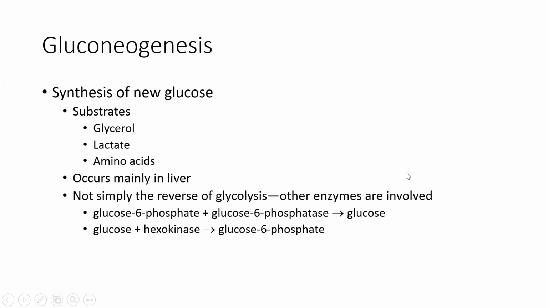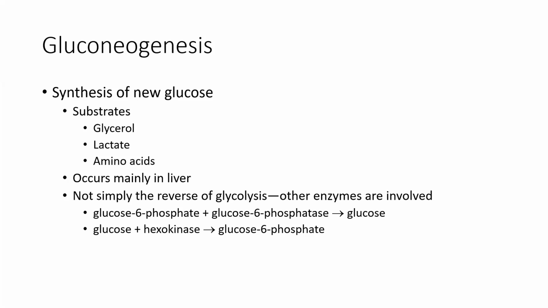We can also synthesize new glucose from some other substrates. This is called gluconeogenesis. So we can use glycerol coming from the breakdown of our triglycerides. We can use lactate, which is the buildup from that process where we have glycolysis occurring absent oxygen. Or we can break down amino acids. Again, think about extreme starvation cases. But we can use these other substrates to create new glucose and to drive glycolysis as well, okay?